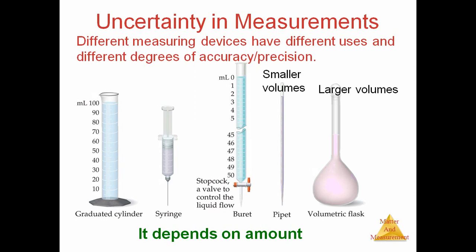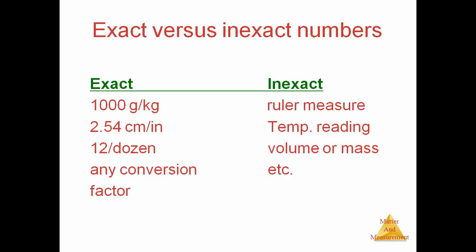The former three, the graduated cylinder, syringe, and burette, can be used to determine the amounts of solvents or liquid that you're using in terms of relative amount. So it really depends on the amount that you have.